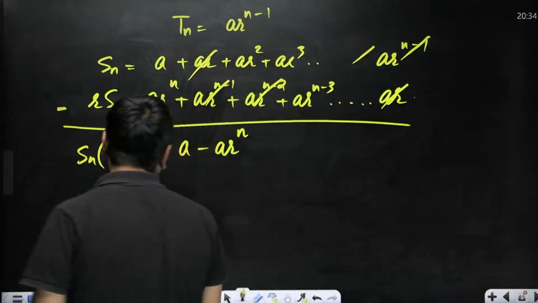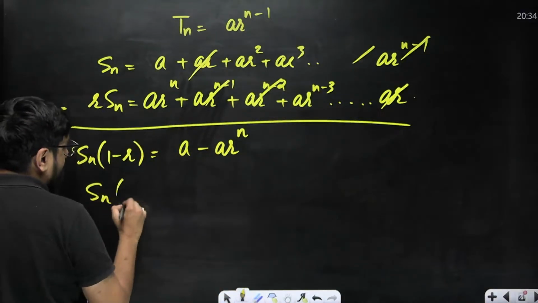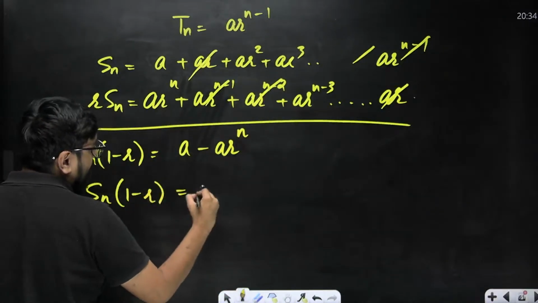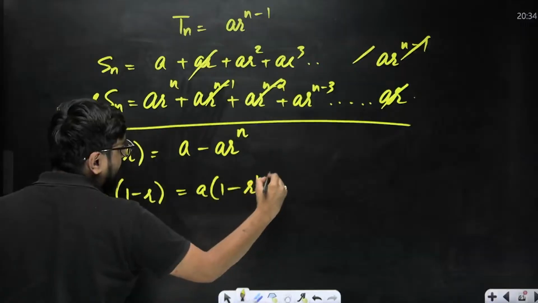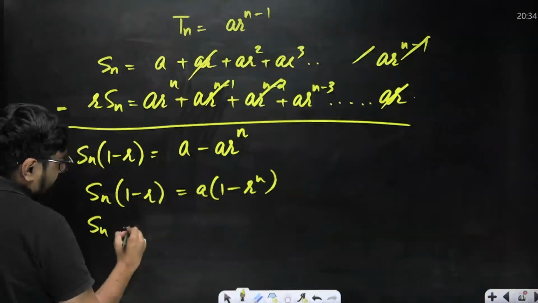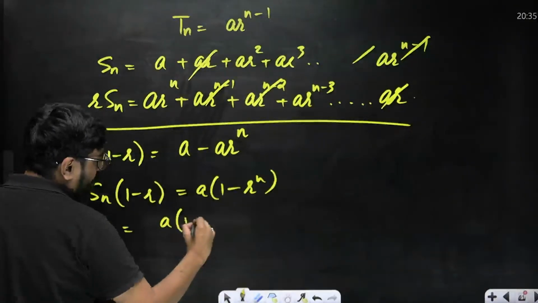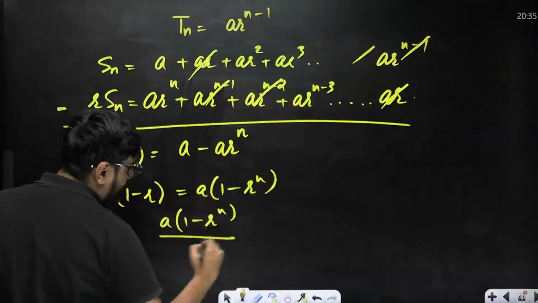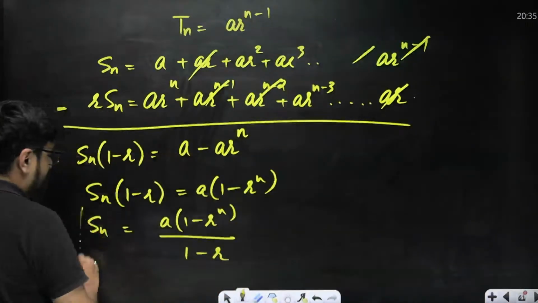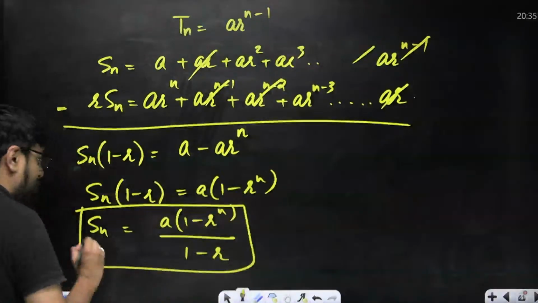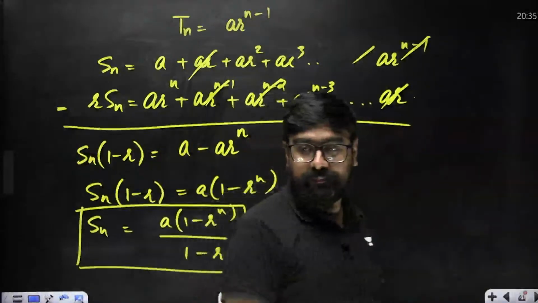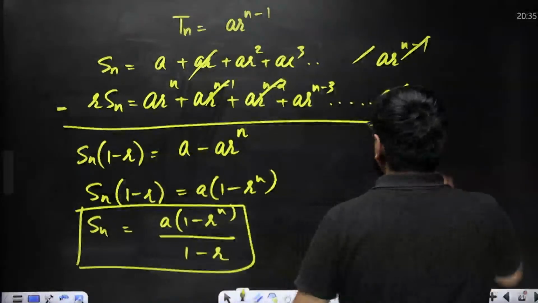Can you see this? So I have a formula. Sum of n terms into 1 minus r is nothing but a into 1 minus r to the power n, and this will become a into 1 minus r to the power n divided by 1 minus r. This is my sum of n terms of a GP, geometric progression. Terms are getting cancelled over here.